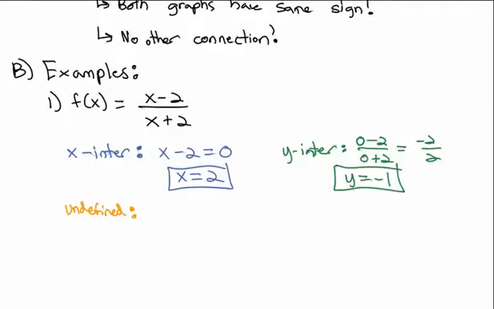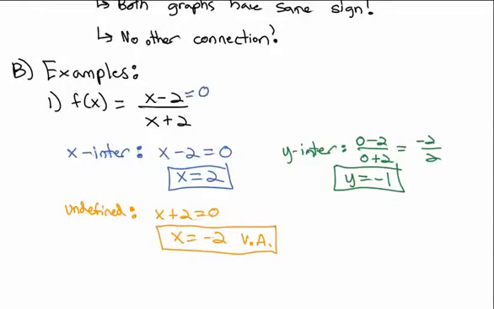And so all we need to do is make the denominator equal to 0, subtract 2 from both sides, and x equals negative 2 is going to be a vertical asymptote. So to review what we've done so far, we made the numerator equal to 0 to find the x-intercepts. We plug 0 in for the x's to find the y-intercept. And we made the denominator equal to 0 to find the undefined points.